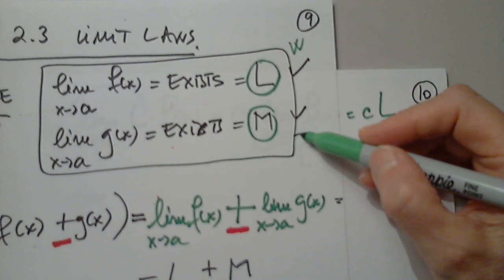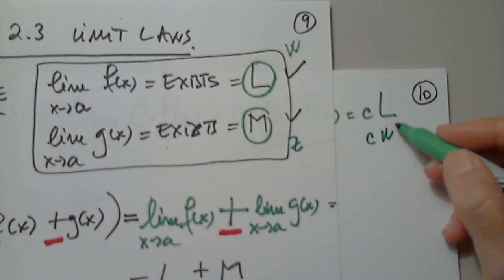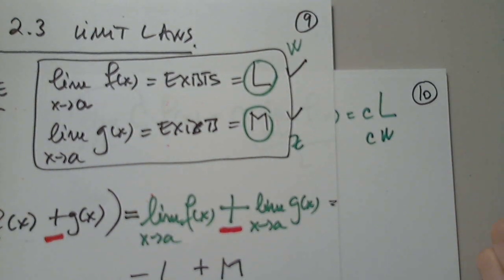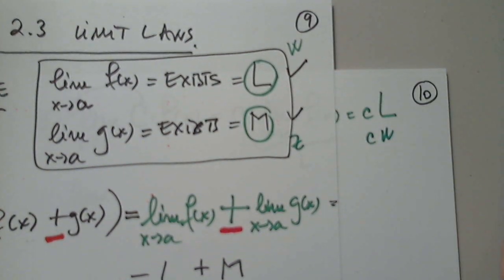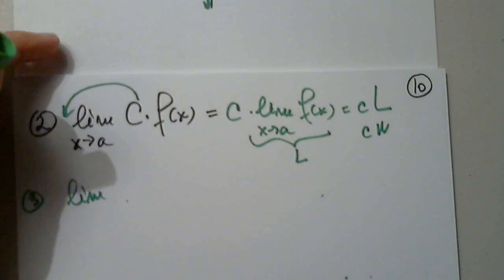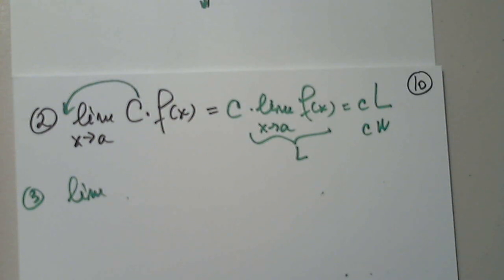You can use W and Z, and then this will be CW. It doesn't matter, whatever the L is, whatever the quantity is. It's just for simplicity. Is that what you were asking? Is that okay?